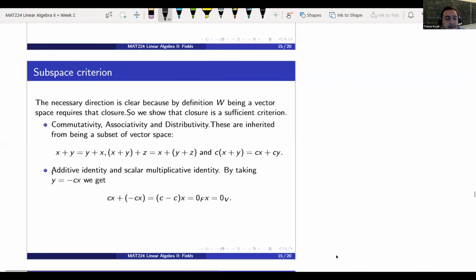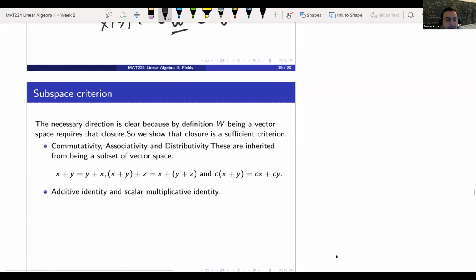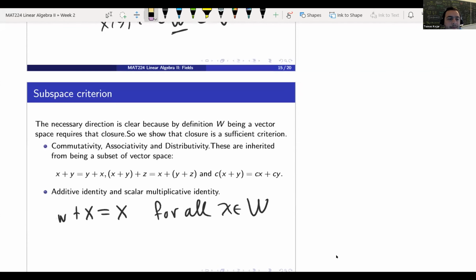Now additive identity: 0_W plus X is equal to X for all X in W, and 1_W times X is equal to X as well. So we need to figure out these two elements. We need to find them.